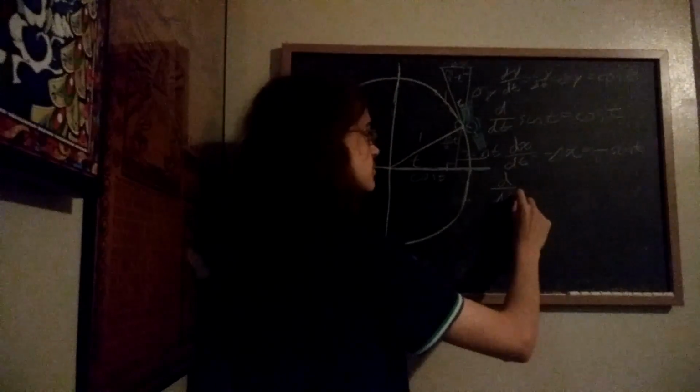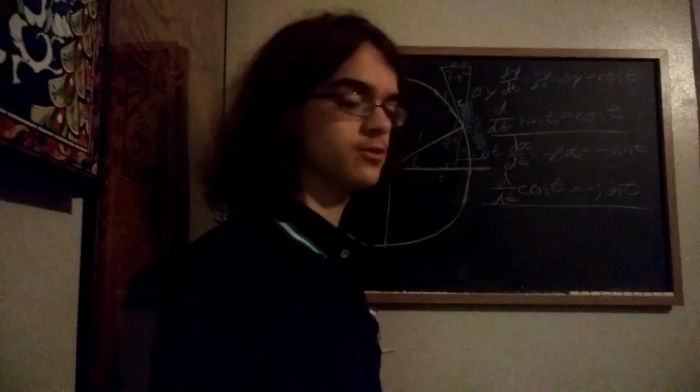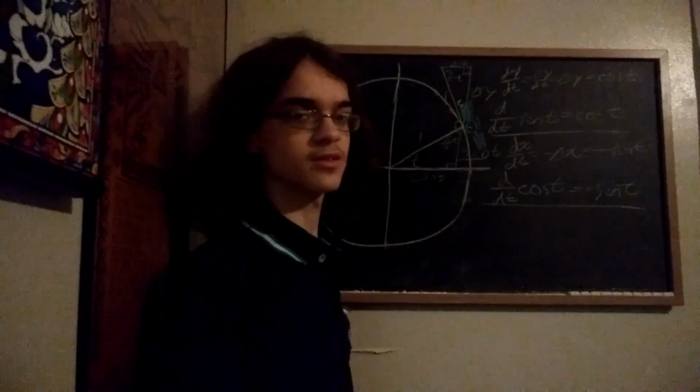In other words, the derivative in terms of t of cosine t, which is x, is equal to minus sine t. And so those are the derivatives of sine and cosine with a geometric interpretation.